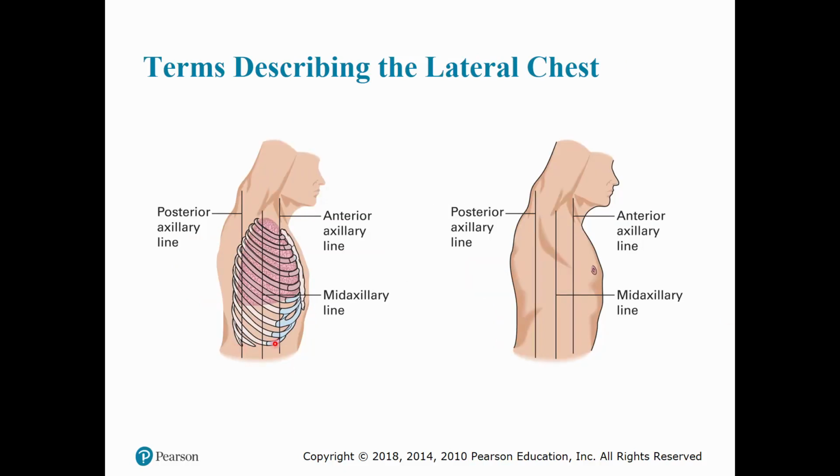In terms of the lateral chest, as I said, your armpit is your axillary. So that line going directly down the middle would be the mid-axillary line. Your anterior axillary and posterior axillary lines are in front of and behind the axillary.